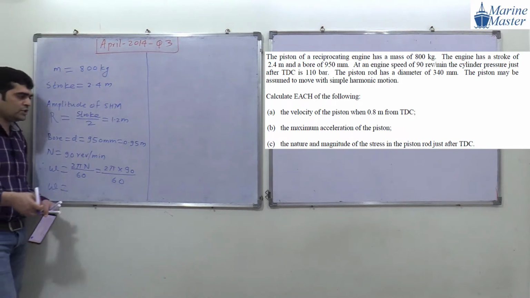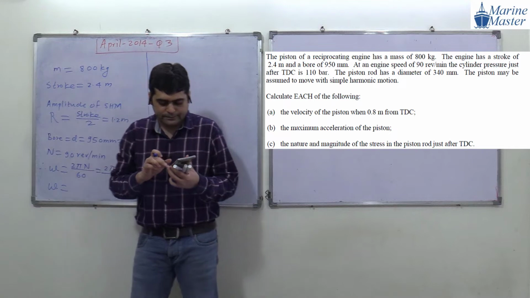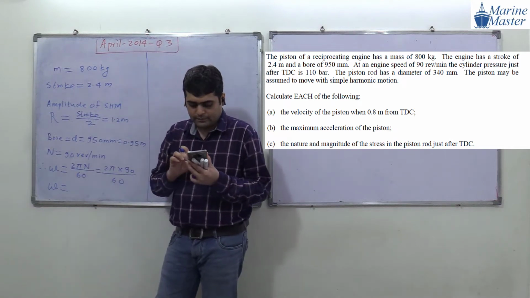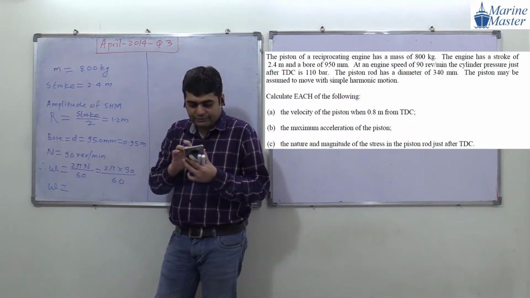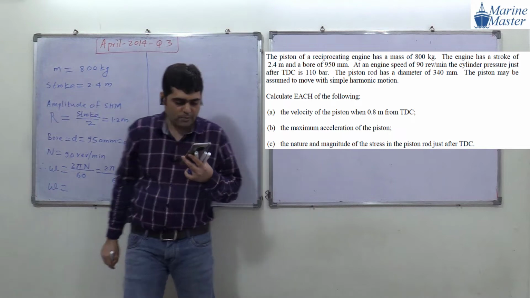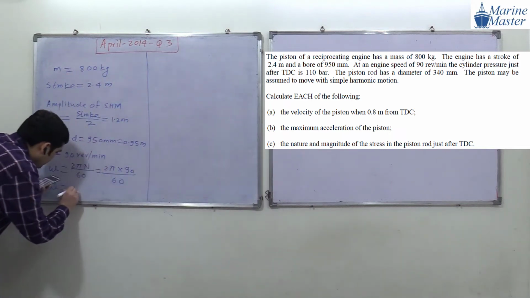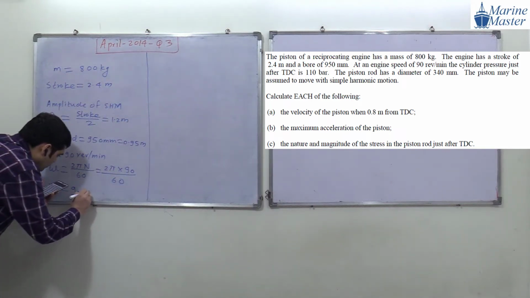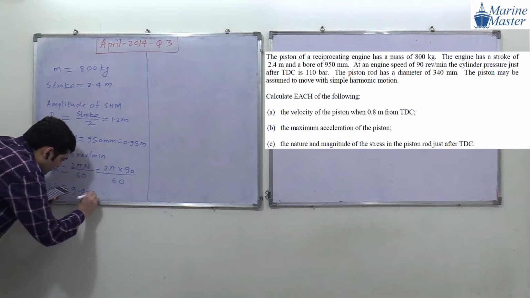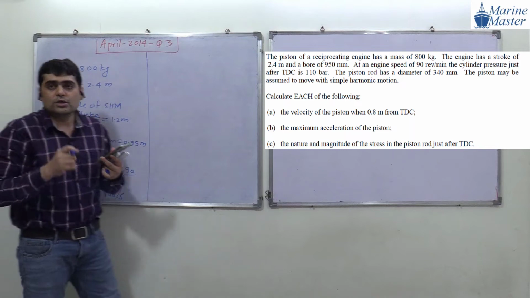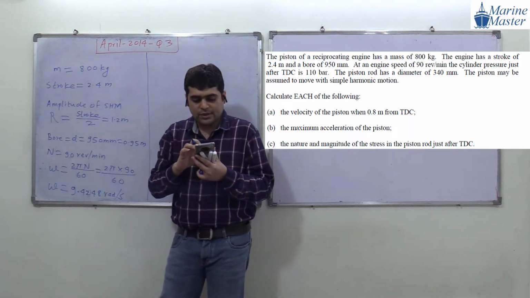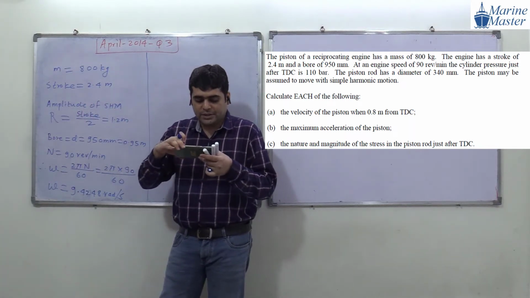The value of omega is 9.4248 radian per second. So in this way we got omega.